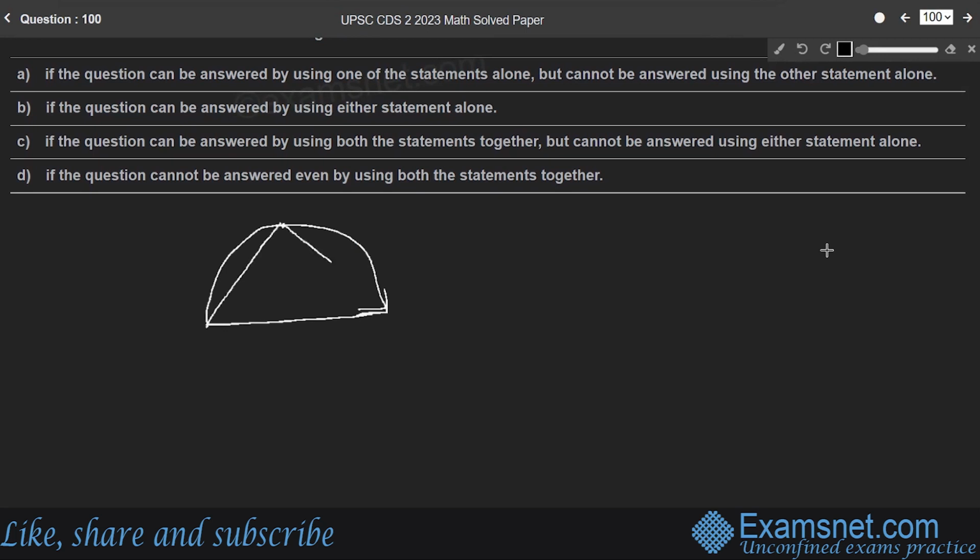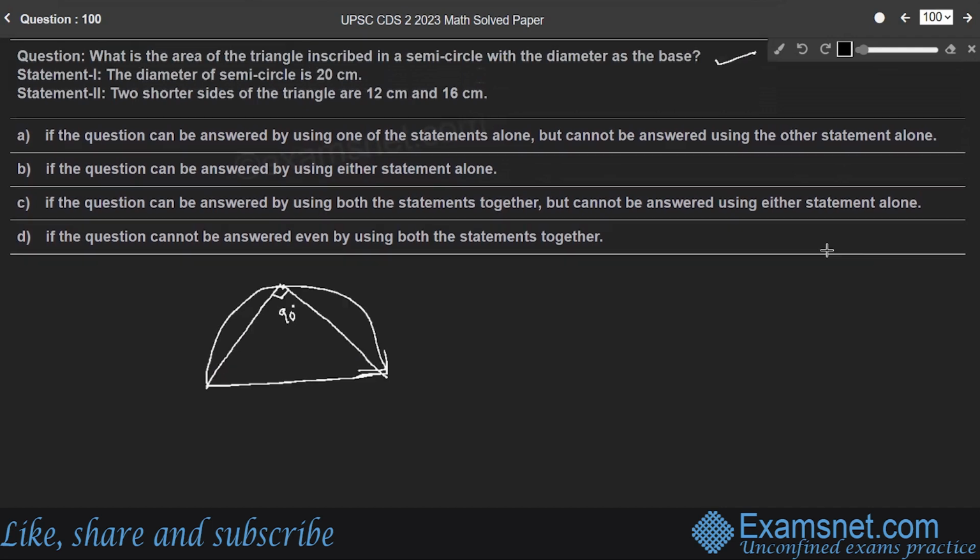The angle made at any point on the circumference of a semicircle is 90 degrees. Therefore, we have got a right angle triangle. Here, the base of the triangle is the diameter.